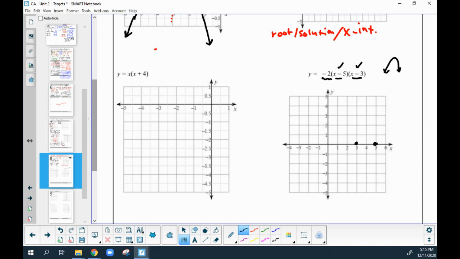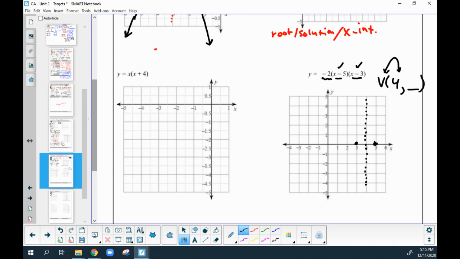So we've got to get that vertex, like we always do. Again, we don't need to go back to standard form. We know that the vertex is part of the axis of symmetry, and that's the middle line between these two answers. So if you look at these two dots, you know that there's a number smack dab in the middle here. Between 3 and 5 is 4. So you know your vertex is going to be 4 comma something.